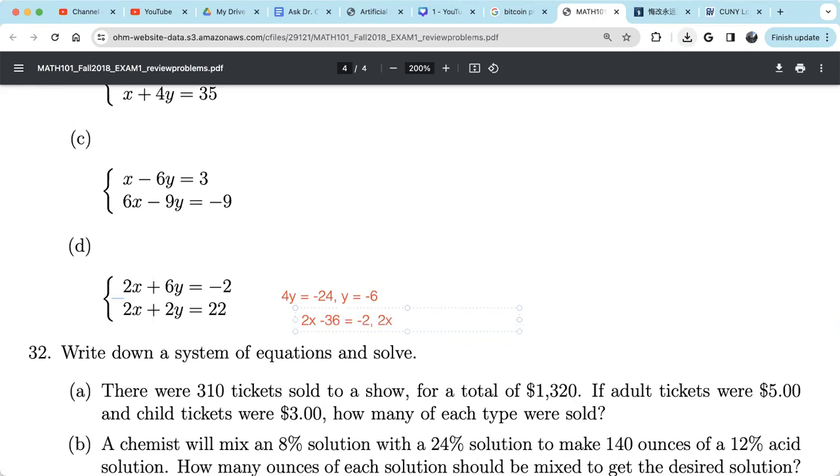That means 2x equals, move -36 to the right-hand side, it becomes positive, 2x equals 34. That means x equals 17. So the solution for D is a point, x value is 17, y value is -6.